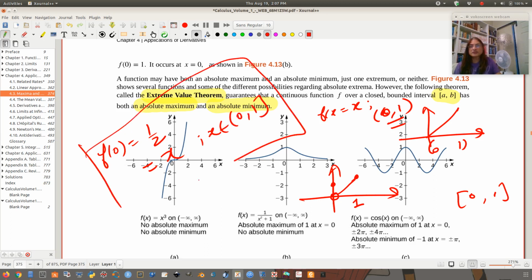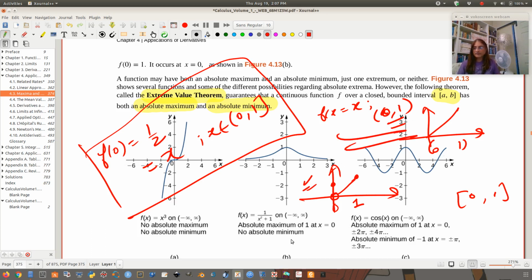This function again has a maximum at 1, but does not have an absolute minimum. You will say 0, but it doesn't achieve the value of 0, because at 0 its value is half.